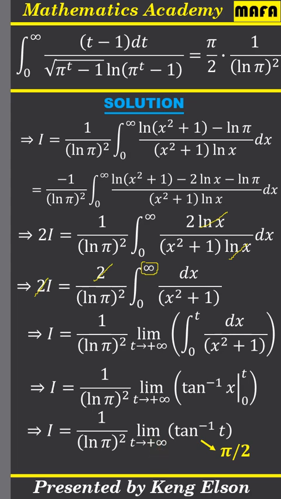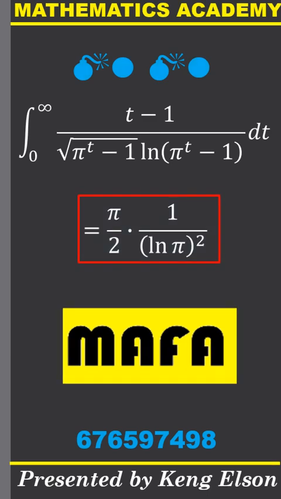So at the end of the day, we can conclude that the integral from 0 to infinity of t minus 1 over this nasty guy here with respect to t is pi divided by 2 times 1 over the ln of pi, all that squared. Thank you guys for watching, and see you guys in the next video.